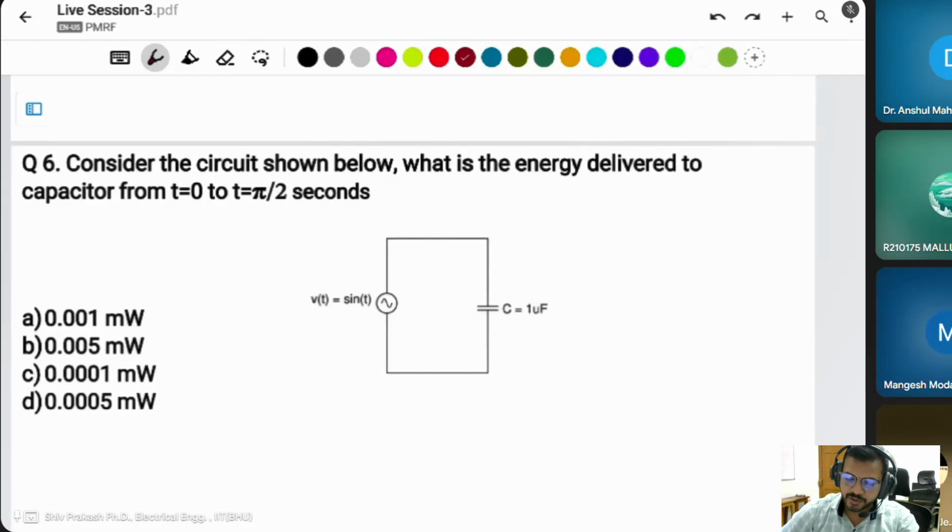Should I leave this one, or do you want me to solve it also? This is simple integration. Energy is simply the integration from 0 to t of power.